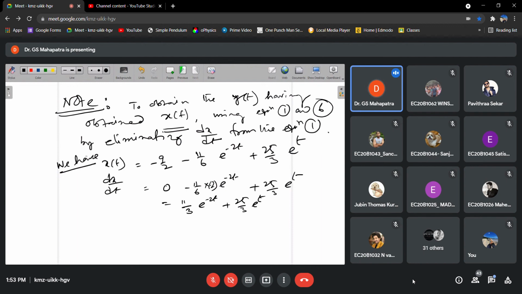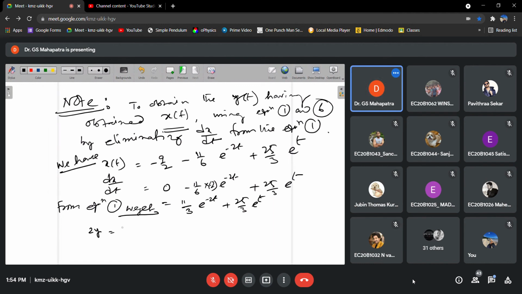So now we will write, from equation 1 we get, you can put either one. Both are functions of x and y, with independent variable t. So if you put it over there, then what will be your answer?